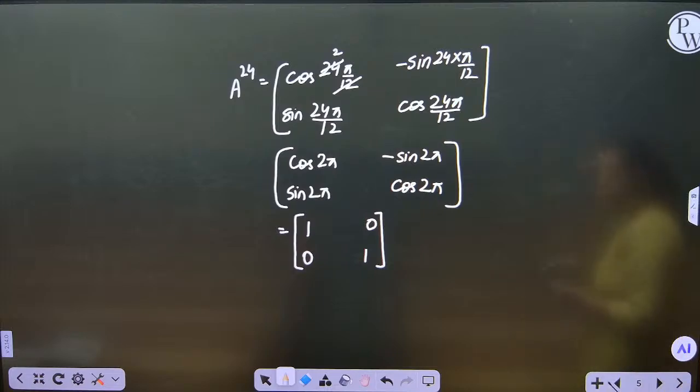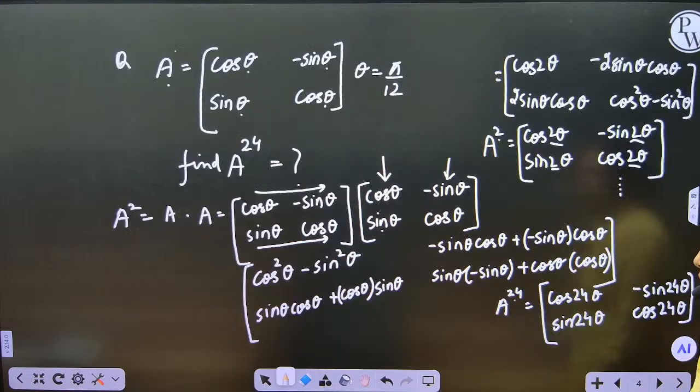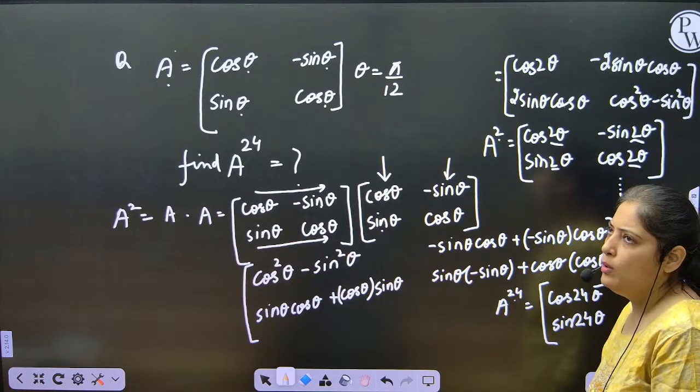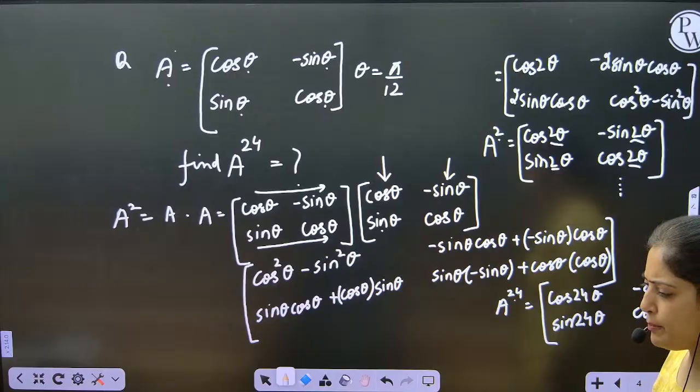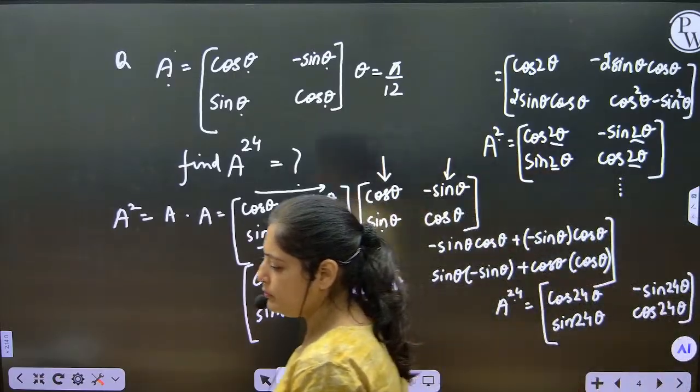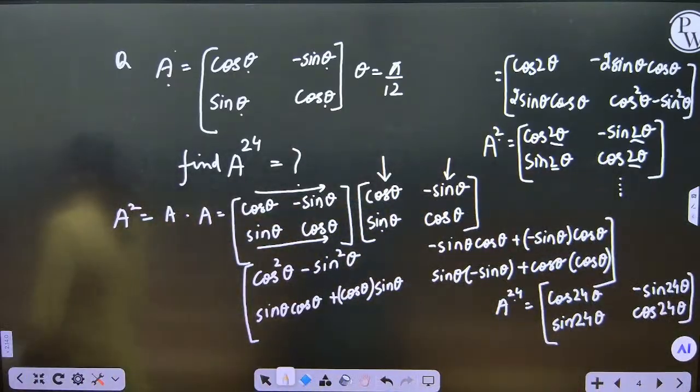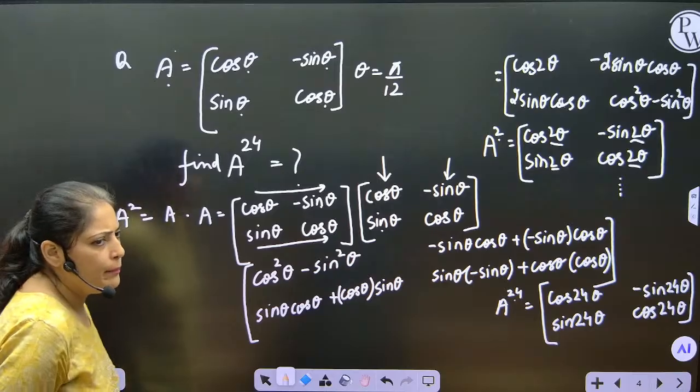Just see it quickly and then we'll proceed to the next question. And the next question which I'm going to do now, that is an important question. No, that important question I'll do.